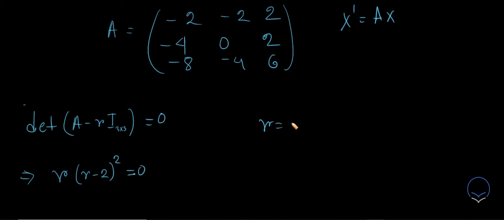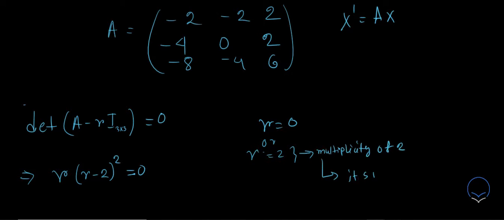So either r equals 0 or r equals 2. However, r equals 2 has a multiplicity of 2. This means it's repeated 2 times because there is a power of 2.